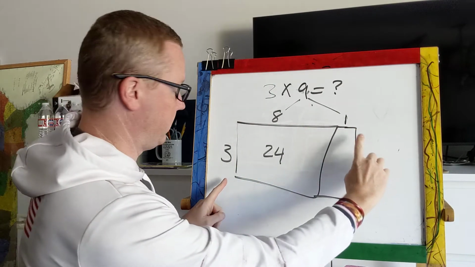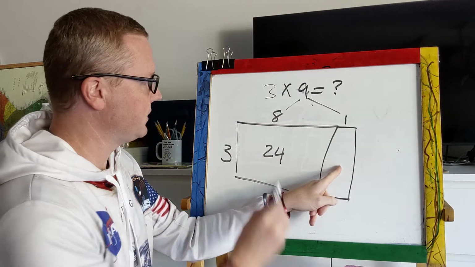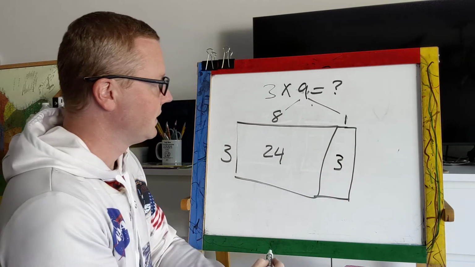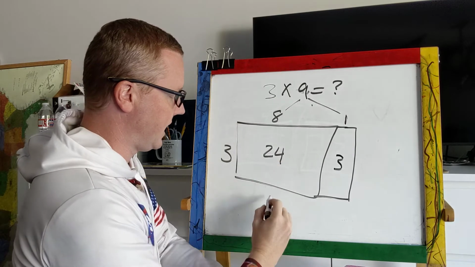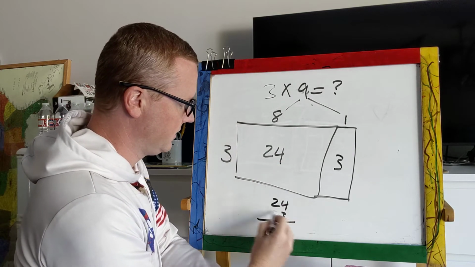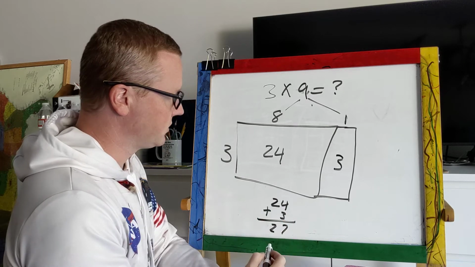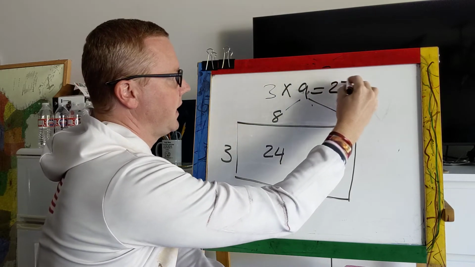I go 3 and 1, and I line them up right here. Those are my two factors. 3 times 1 is 3. And so to get 3 times 9, I just add 24 and 3. I add my 1's first. I get 7. 27. So 3 times 9 is 27.